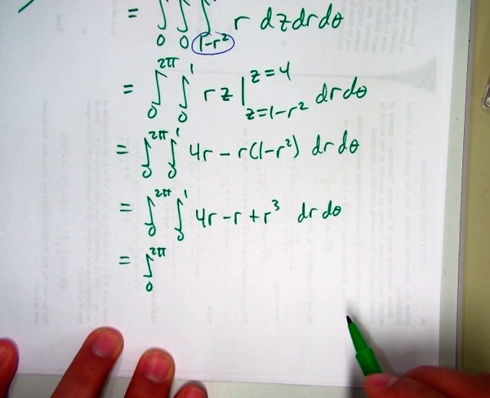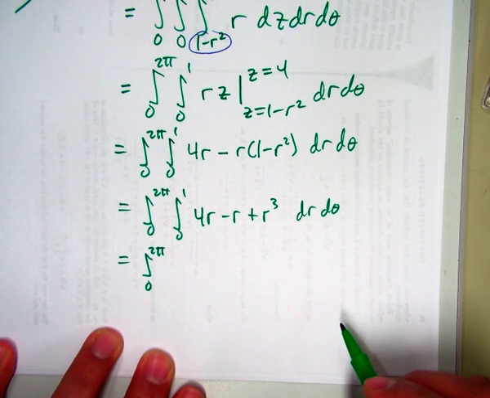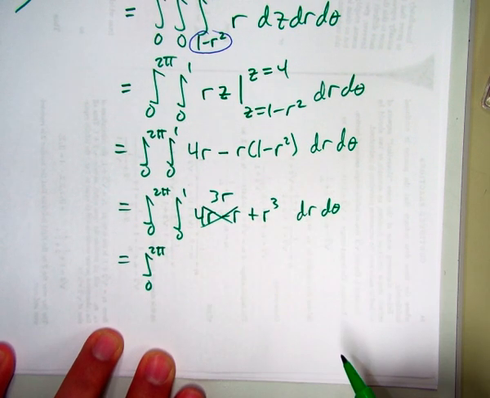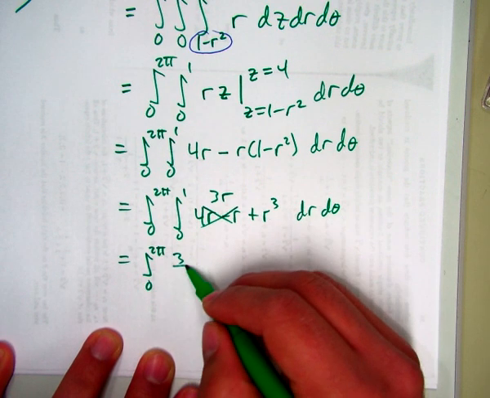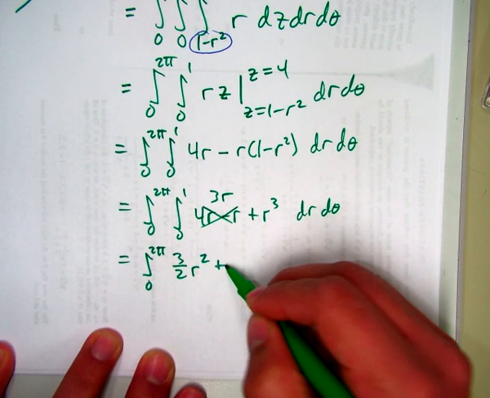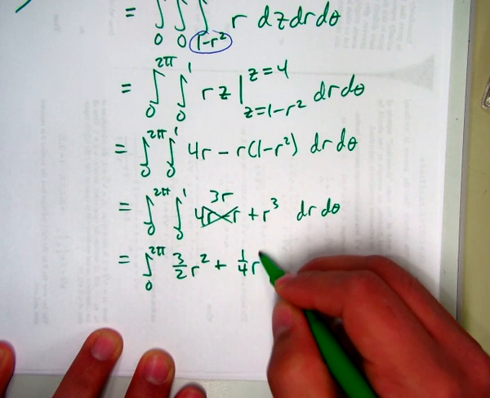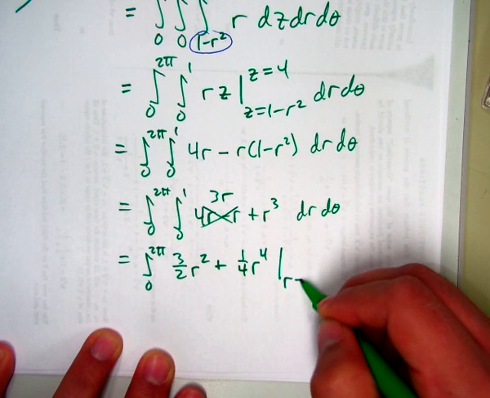Integrate with respect to r. That's 3r. So then 3r becomes 3 halves r squared. R cubed becomes r to the fourth over 4, from r equals 0 to r equals 1.